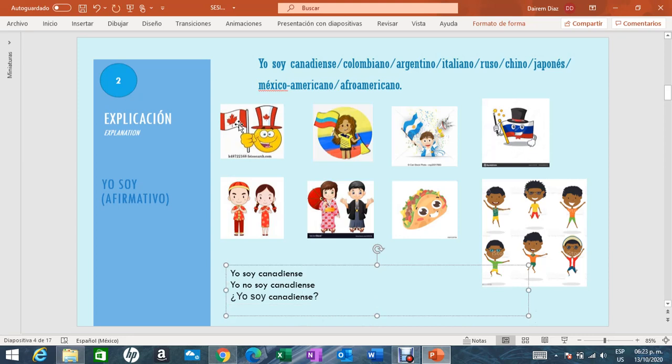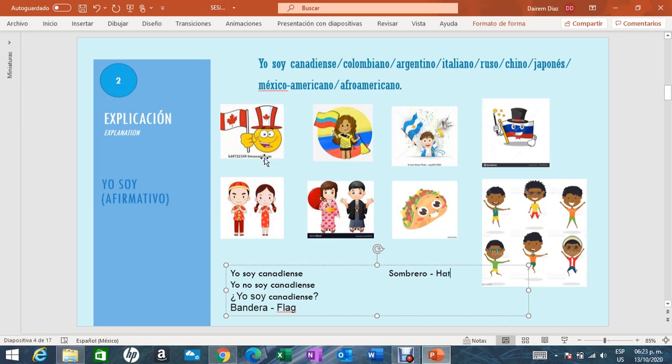We have a flag, bandera. We also said, let me put it here in English so we don't forget it when we are practicing our vocabulary. Bandera, flag. We also have a hat. It's called sombrero, hat.